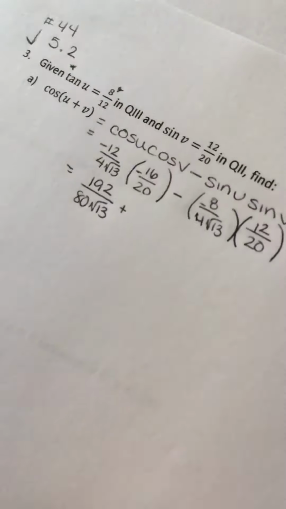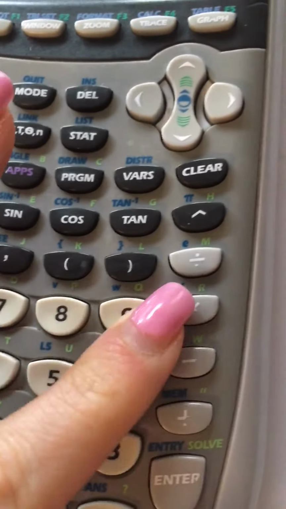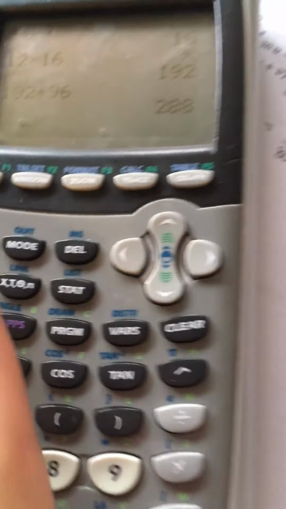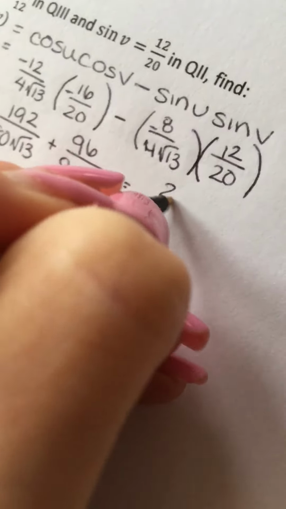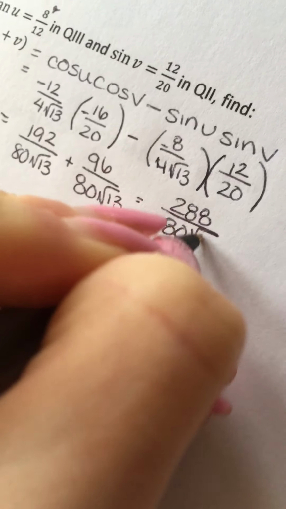And then negative times a negative, that's going to be plus. And 8 times 12 is 96. I need a calculator there. 96 over 80 root 13. All right. So my top, 192 plus 96, 288. Nice. 288 over 80 root 13.